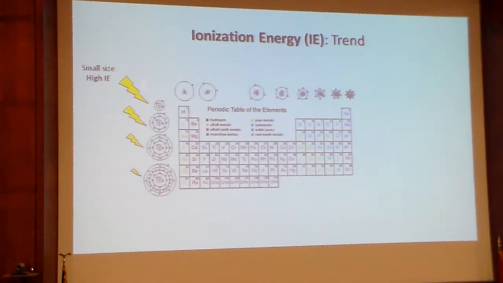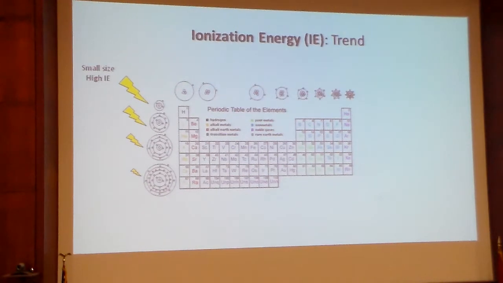Now, what about across the period? Size is pretty much the same, not that different. I try to exaggerate it a little bit. So what is the difference? Compare lithium and neon. Which one should need more energy to remove an electron? Why neon?